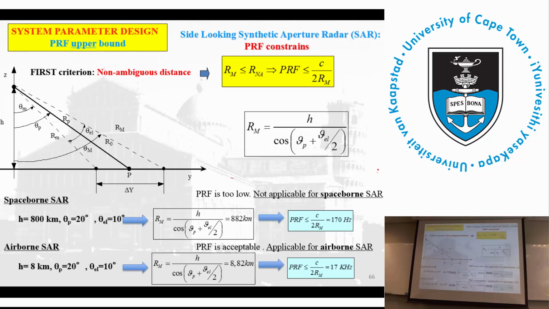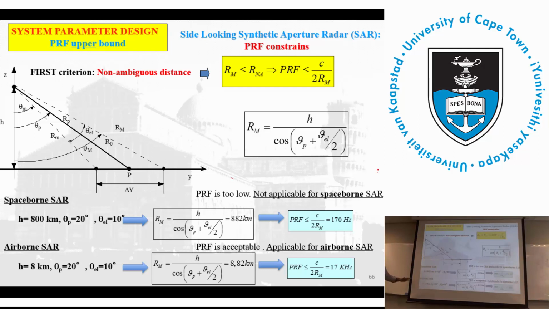It may be applicable for airborne SAR, all right, because now if we fly at a height of 8 kilometers, which is already pretty high, usually we fly even less than that. Same sort of geometry in terms of antenna pointing and antenna beam width, right? So this means 8.82 kilometers. PRF less than 17 kilohertz, which is plenty.